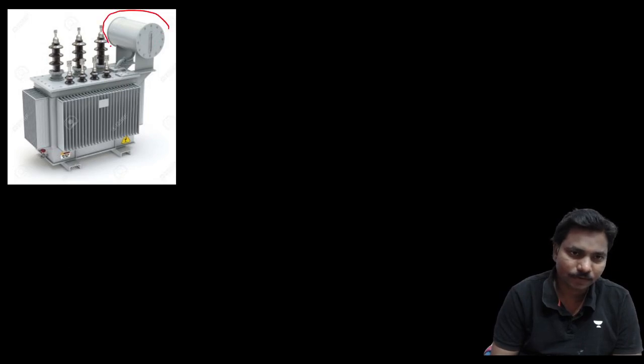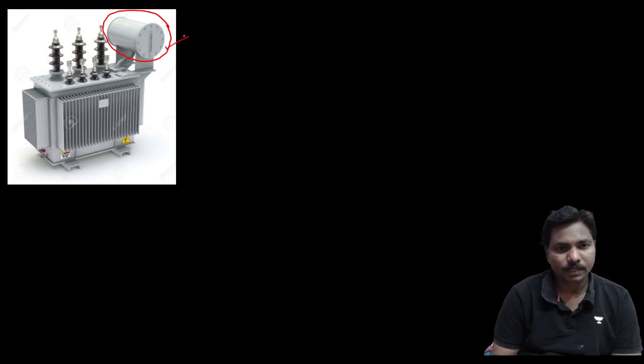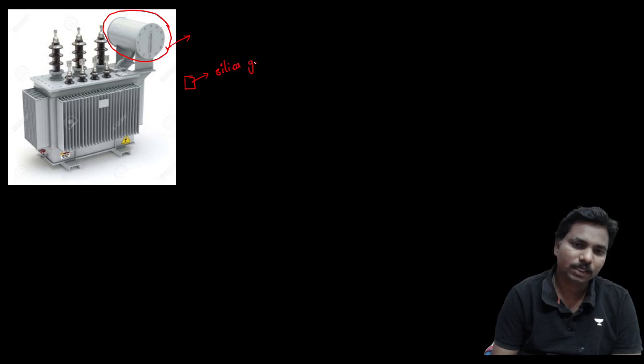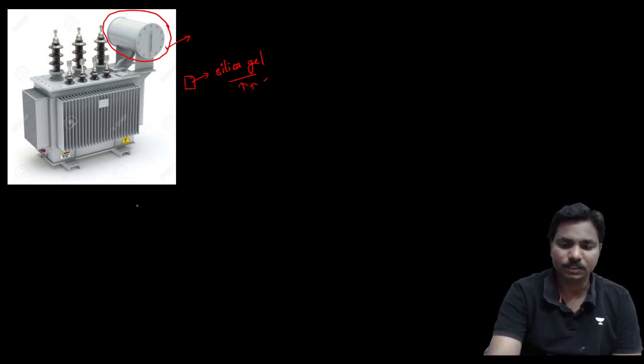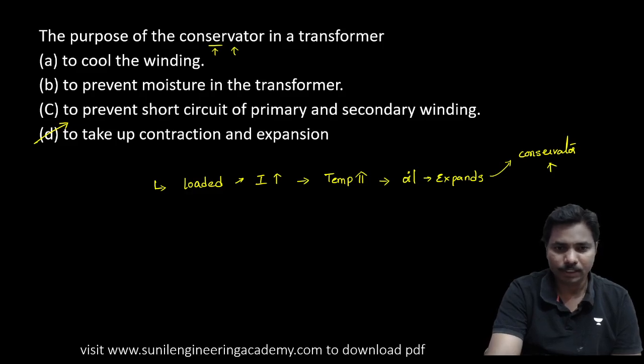In this conservator, a small box is also connected that contains silica gel. What is the purpose of the silica gel? If any moisture is there in the oil, it will be absorbed by it. So for that purpose, a small box having silica gel is connected, to take up contraction and expansion.